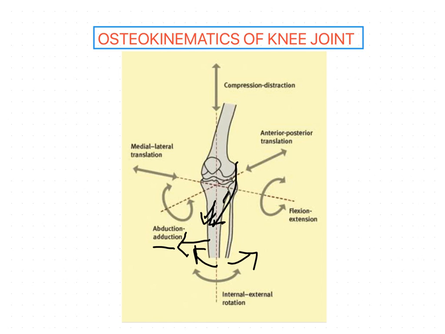The small amounts of AP displacement and varus and valgus motion that occur in the normal flexed knee are the result of joint incongruence and variations in ligamentous elasticity.